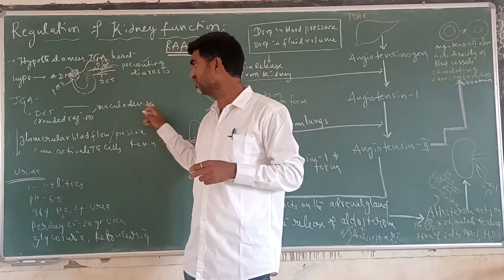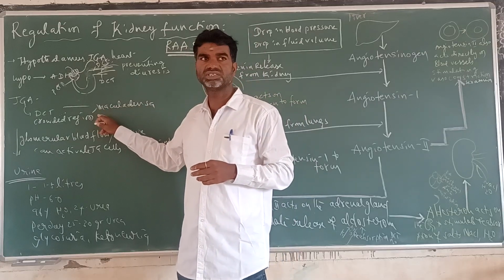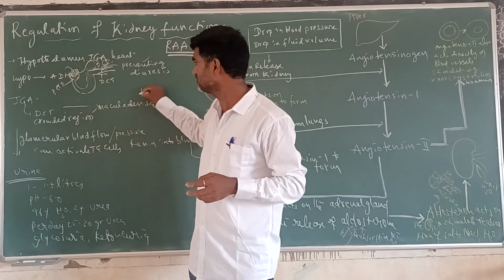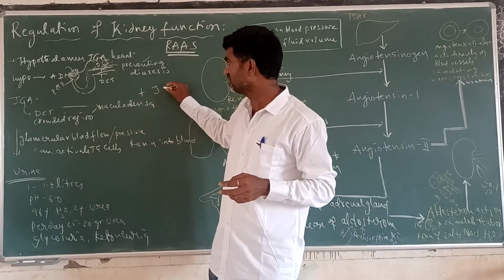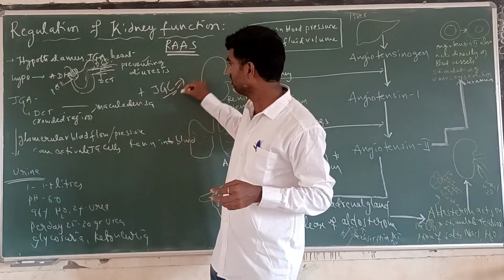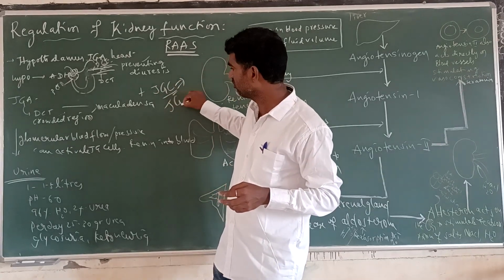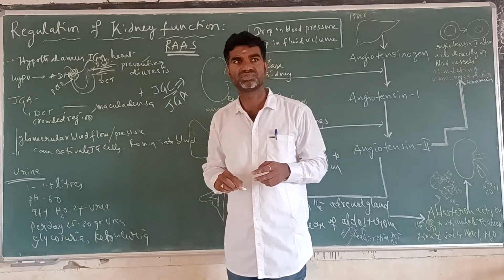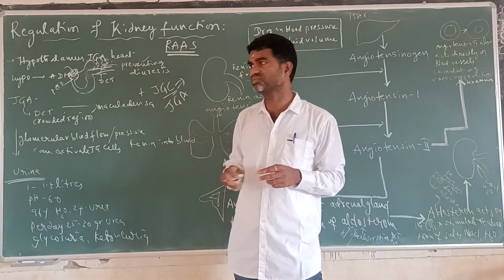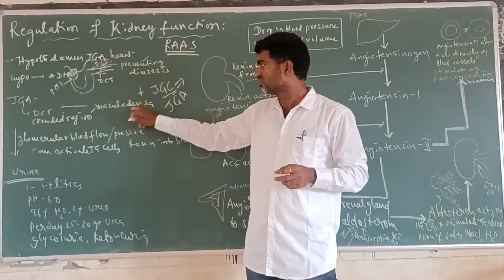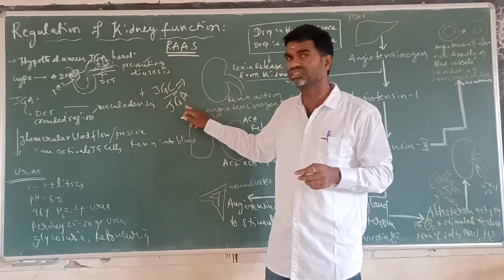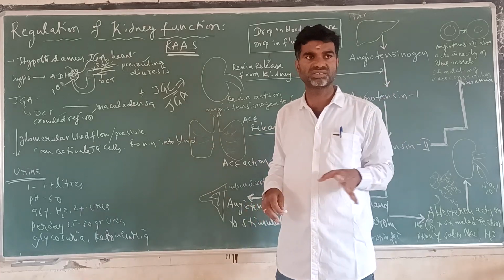So the macula densa and the JG, juxtaglomerular cells together are called the juxtaglomerular apparatus. It is very important. Sometimes it is asked from the NEET point of view. Macula densa plus juxtaglomerular cells together are called the juxtaglomerular apparatus.